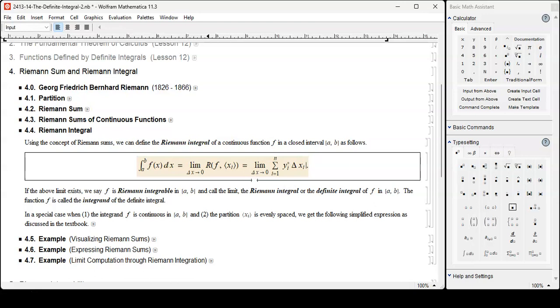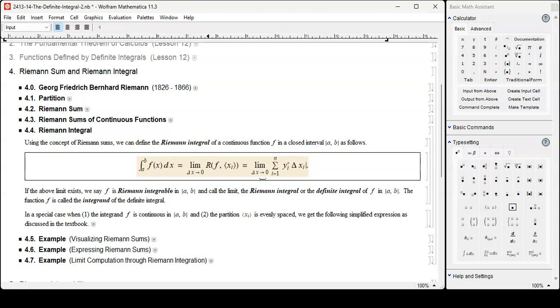Now, subinterval size delta x going down to 0, does it mean the number of intervals n going to infinity? The answer is yes, of course. If the interval widths are going down to very close to 0, then in order to cover an entire interval a to b, you're going to need numerous intervals like that.